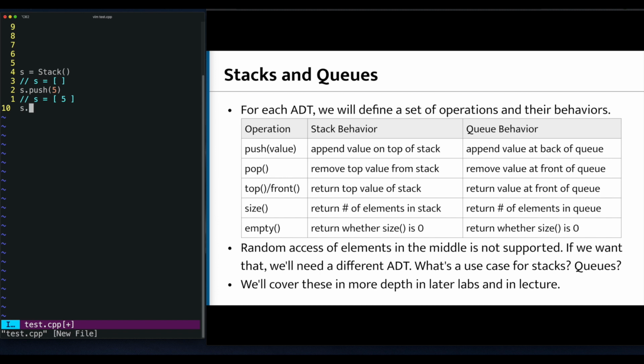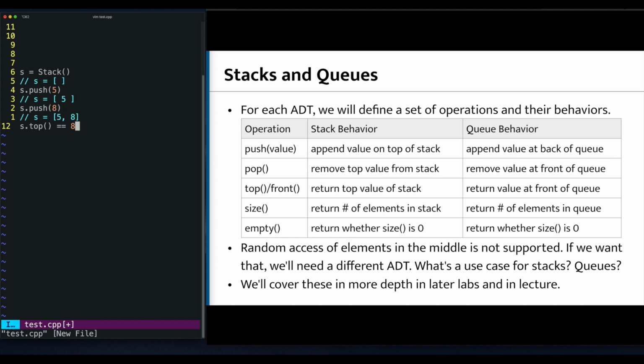And let's put another element in there, 8. So now s is 5 and 8. If I do s.top, what I'll get is 8. Stacks always just return the last thing that you put in.